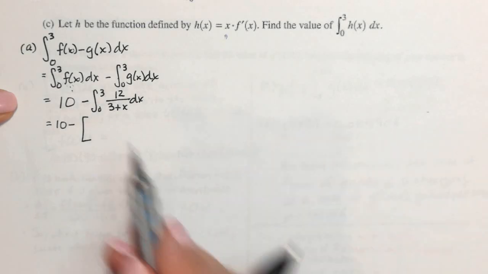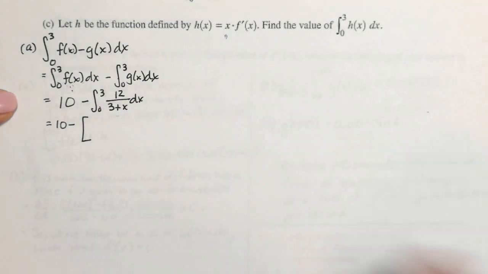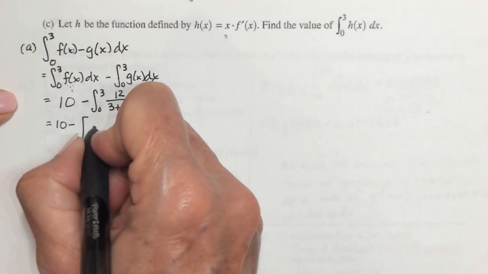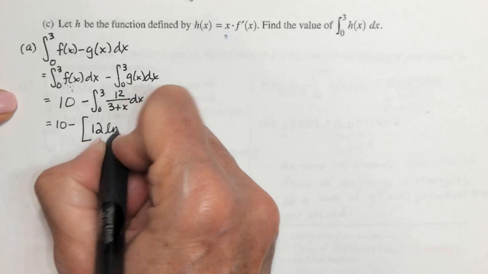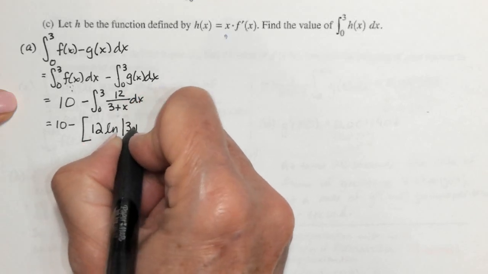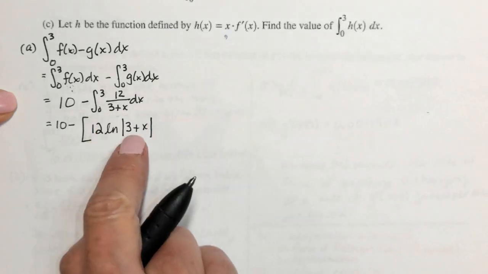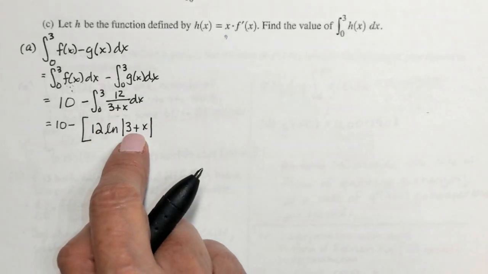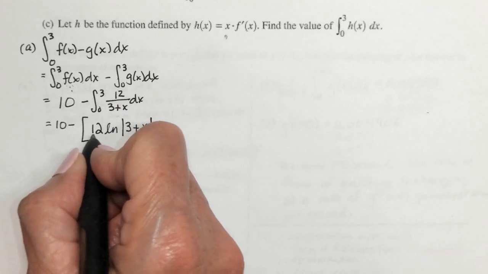It is a natural log because the denominator is linear. I'm going to have a 12 ln absolute value of 3 plus x. The derivative of the inside is just a 1, so it's like we're dividing by 1. I'm not going to write that, but it is.